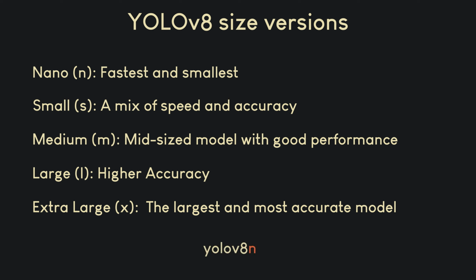I chose to create the smallest and fastest model by specifying a nano model. If I change the character from N to S, I will be creating a small model instead, and similarly I could use M, L or X to create medium, large or extra large models. Each of these model sizes offers a different balance of speed and accuracy, allowing you to choose the one that best fits your hardware and project requirements.